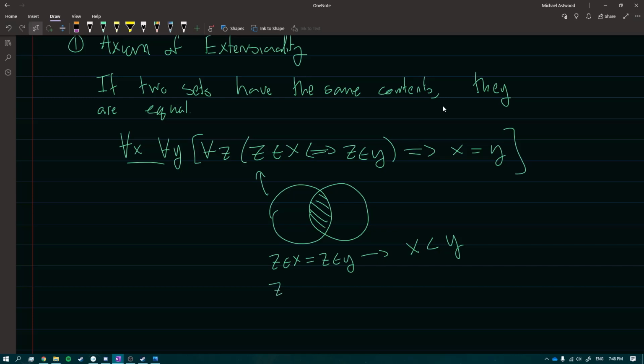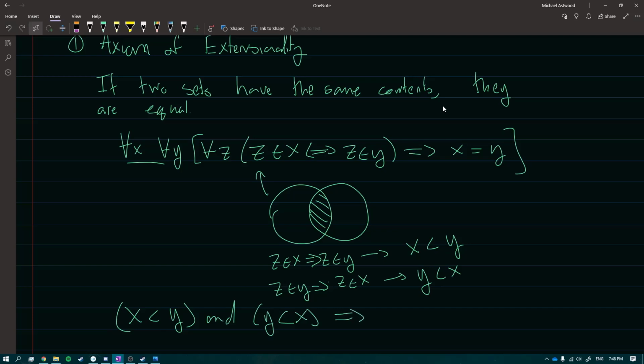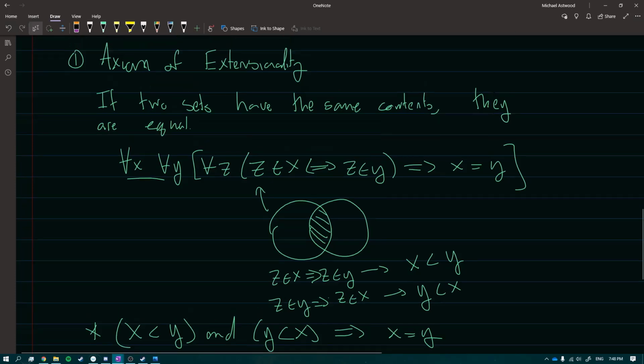And if z is in y implies that z is in x, we must have y subset x. So if two sets are subsets of each other, they've got to be equal. So x subset y and y subset x implies x equals y. So this is a useful property of sets. This allows us to prove that two sets are equal.